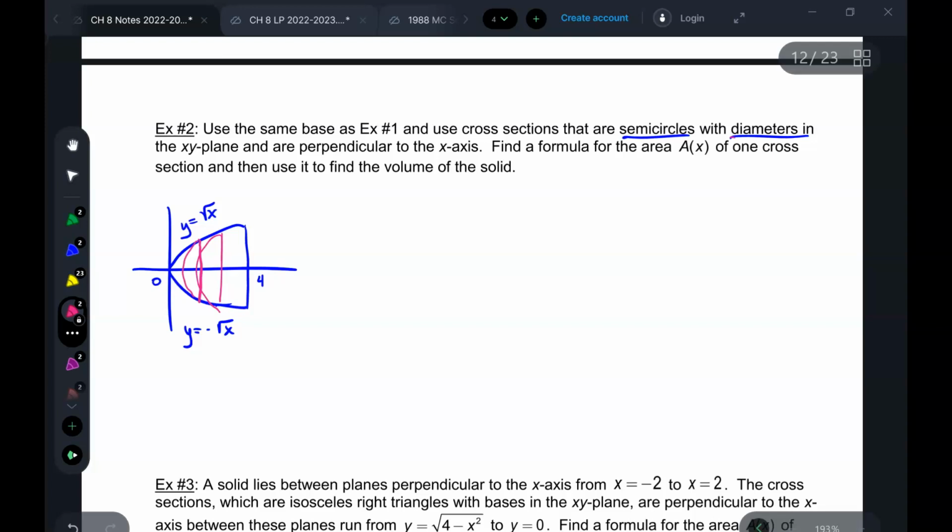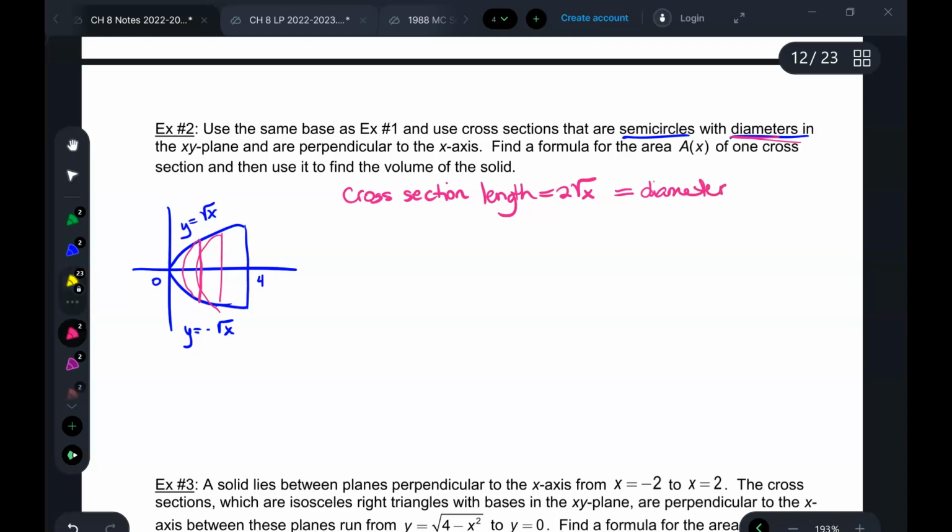And specifically, the diameters are in the XY plane. So now the cross-section length is still the same, right? We said the cross-section length is still 2 root x. But this represents the diameter.